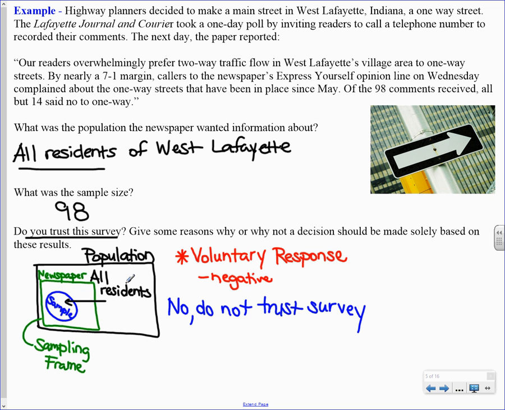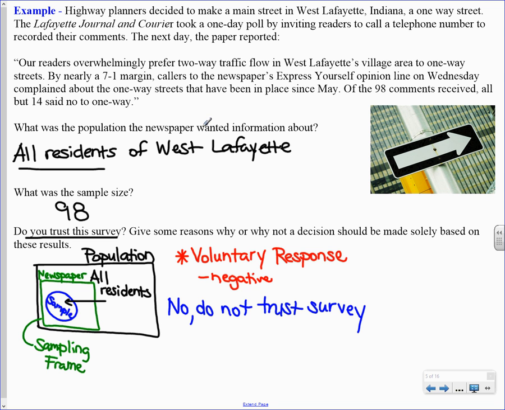So, for example, maybe most newspaper subscribers are older residents, or maybe most of them live outside the city, or maybe most of them have a job, or maybe most of them whatever. Okay, so for whatever reason, that might have something to do with the way they answered the question. And so that might mean that our sample is not representative of the entire population.